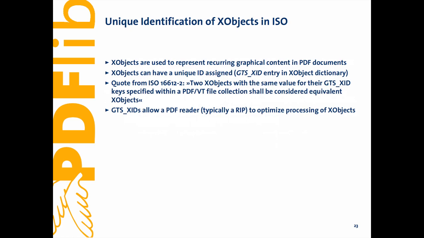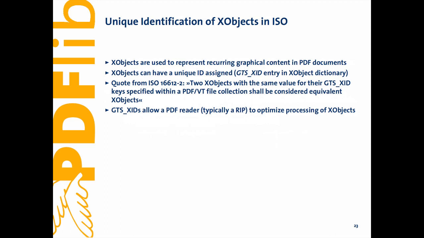Then one point that was not mentioned by Duff, I think, is the unique identification of X objects. X objects can have a unique identifier assigned, and this is stored in the GTS XID entry in the X object dictionary. And what does this identifier mean? When you have two X objects with identical unique identifiers, they are considered equivalent by the PDFVT reader.